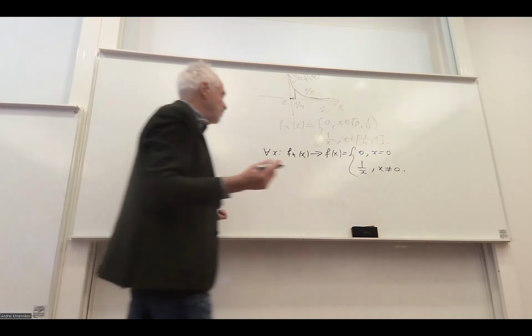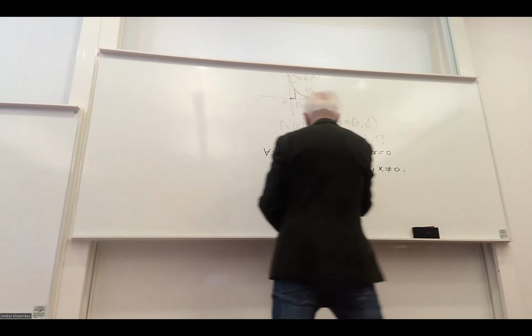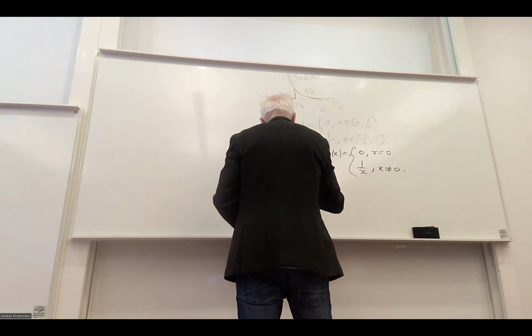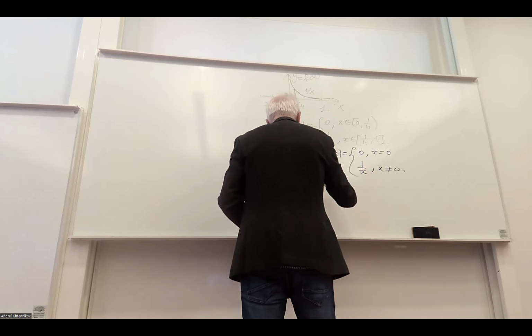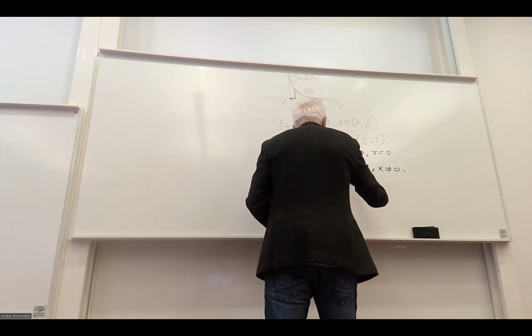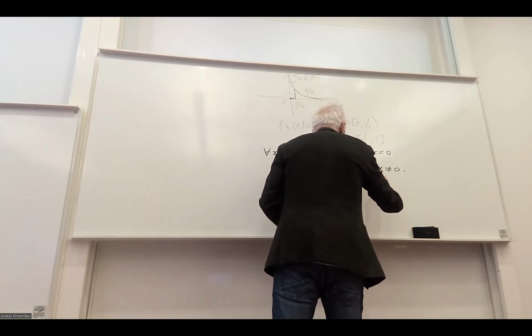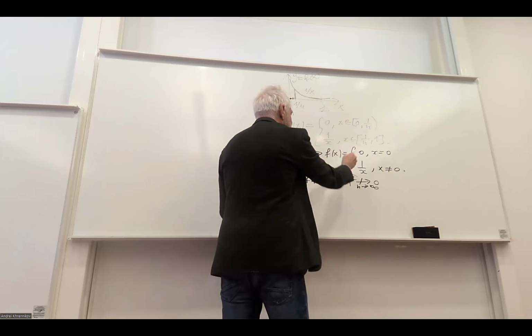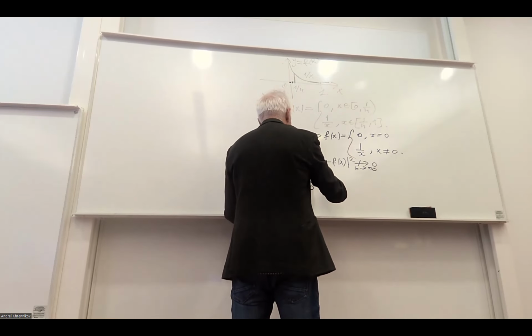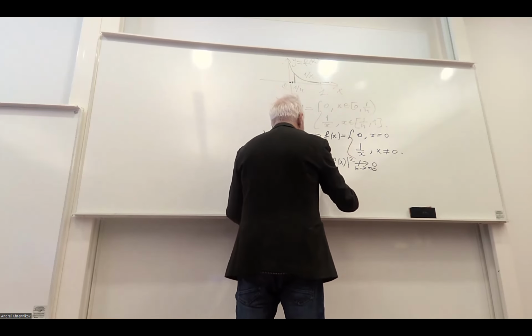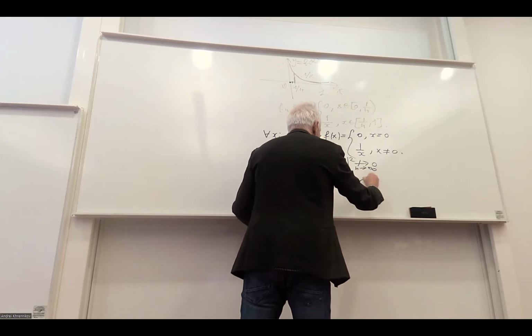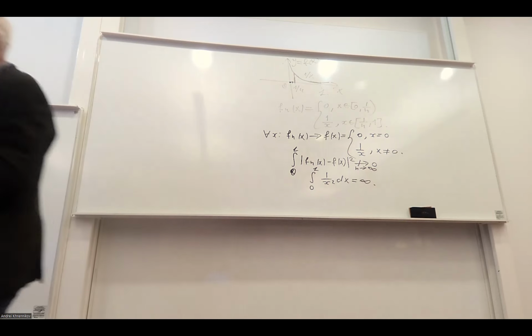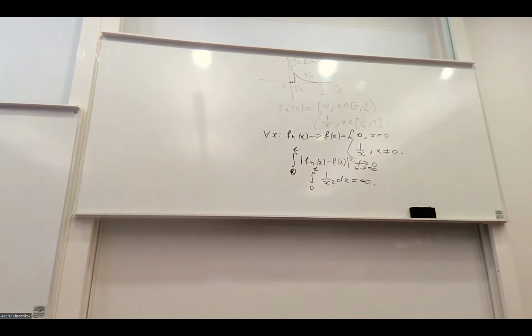But here, the integral from 0 to 1 of (f_n(x) minus f(x)) squared does not go to 0; it goes to infinity. This is because the function is not integrable: the integral from 0 to 1 of 1 over x squared dx is equal to infinity. So the limiting function is not even square integrable. Not only the square, but 1 over x is also not integrable.